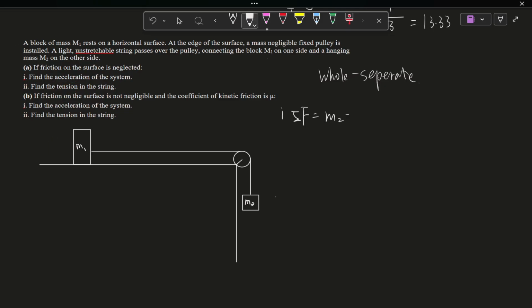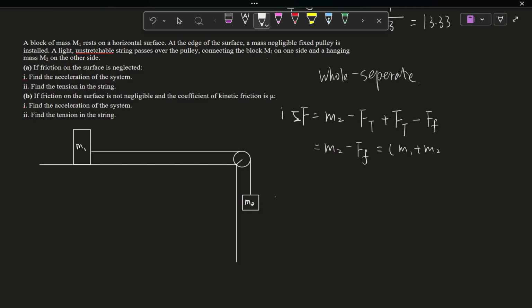So we can write m2g minus Ft plus Ft minus Ff. We can simplify it first, which is equal to m2g minus Ff, and it's equal to m1 plus m2 times the acceleration.